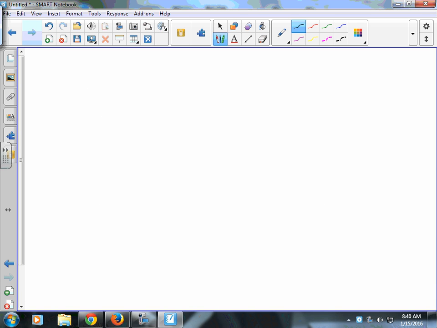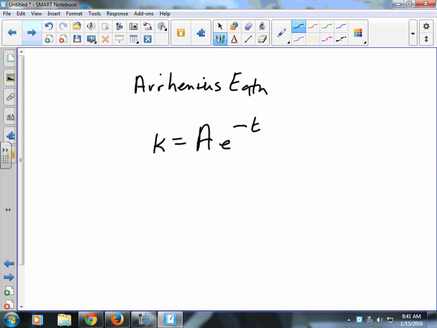The Arrhenius equation is often written as, where's this fellow's name? All right, so the Arrhenius equation you see on page 11 of your notes. And where did that capital A come from? A equals collision frequency times steric factor.